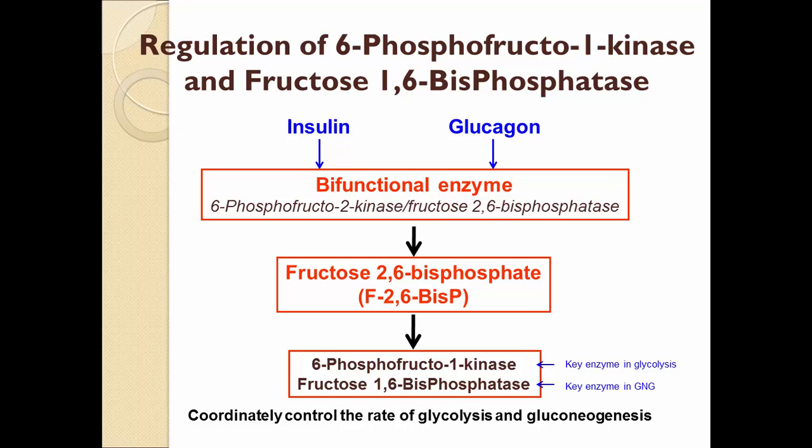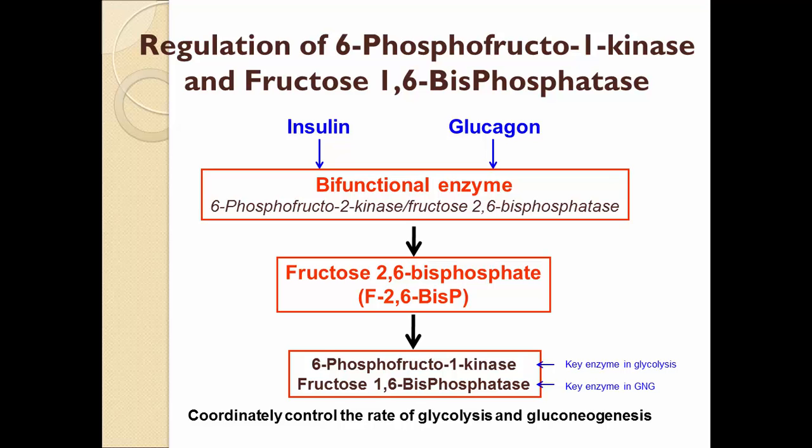So the bifunctional enzyme contains fructose 2 kinase and fructose 2,6-bisphosphatase. So try to remember these two bifunctional enzyme activities are different from these two key enzymes in the glycolysis and gluconeogenesis, right?